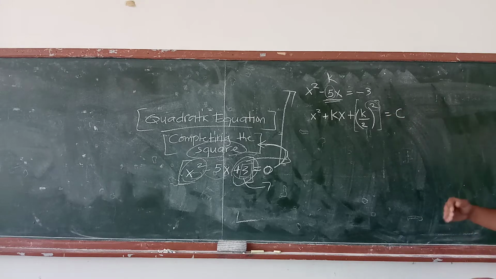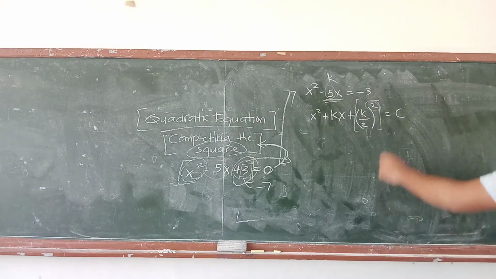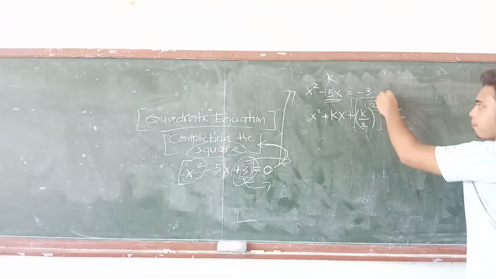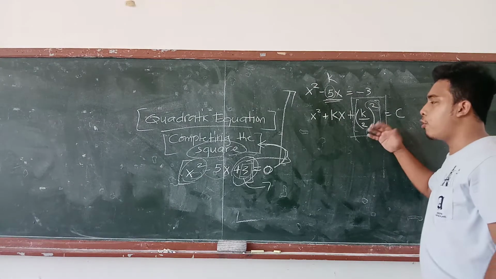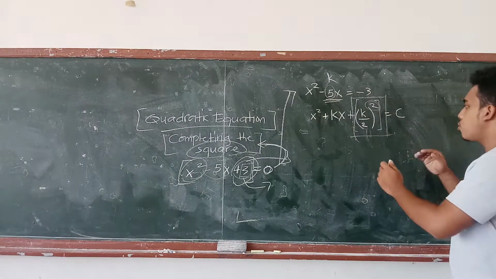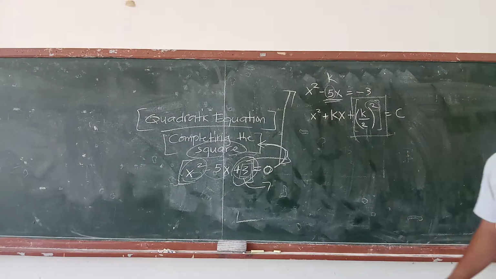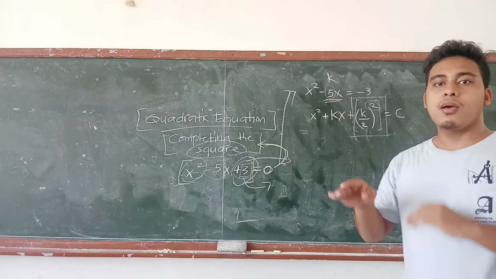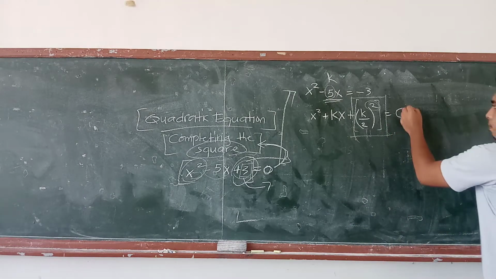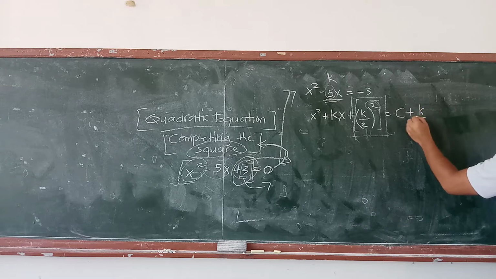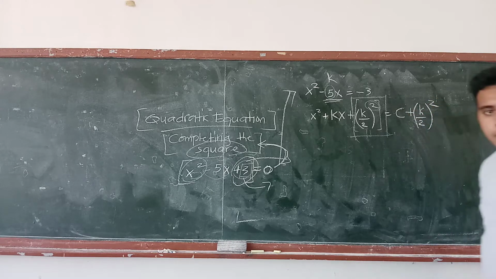To keep the equation balanced, whatever we add to our left hand side, we also add to the right hand side. So c plus k over 2 raised to the power of 2.